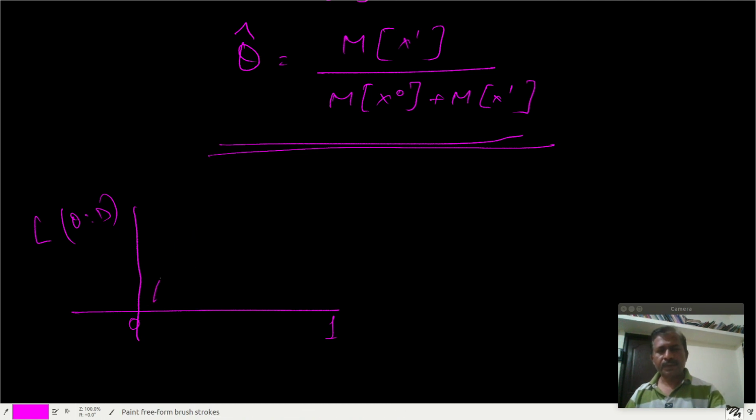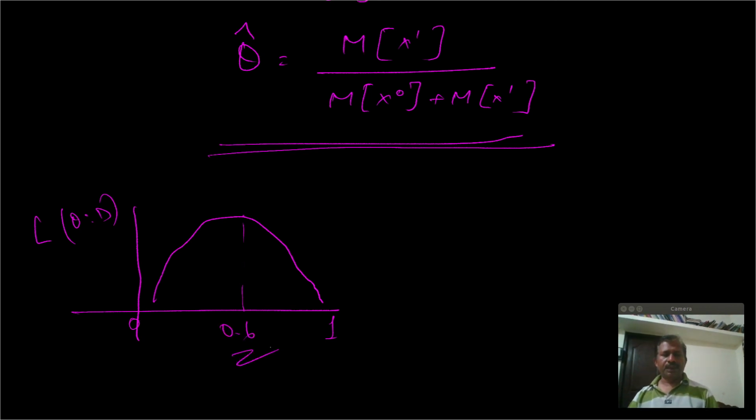In the 5 toss coin, the maximum will be somewhere around 0.6. That's how we compute the parameters for the model.